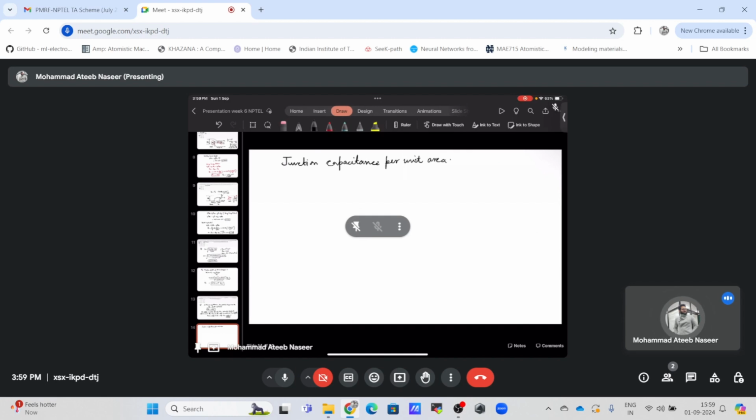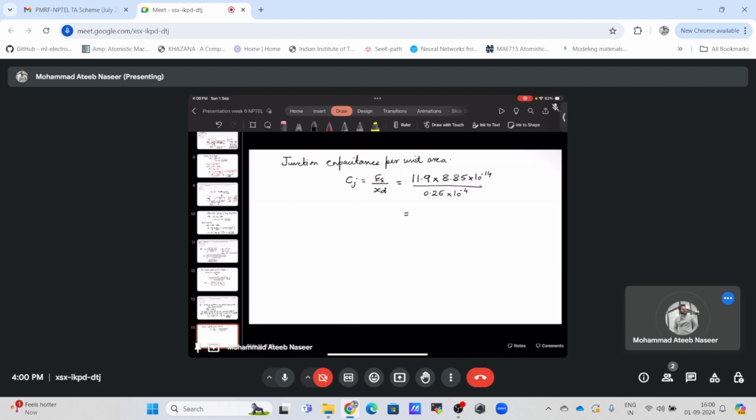So the junction capacitance per unit area is simply Cj equal to epsilon s by xt. It is 11.9 into 8.85 into 10 to the power of minus 14. Xt came out to be equal to 26 micrometers, so it is 0.26 into 10 to the power of minus 4 centimeter.